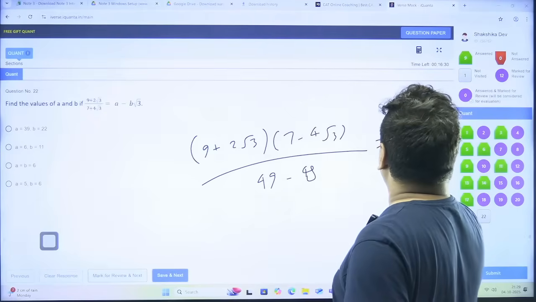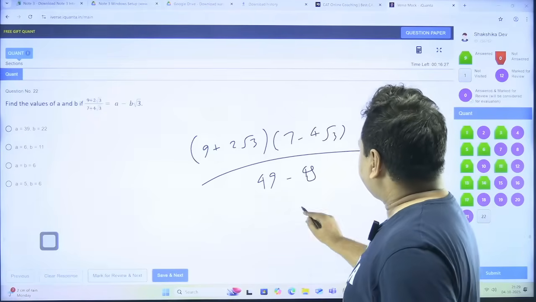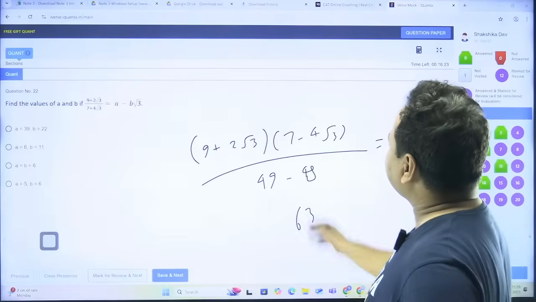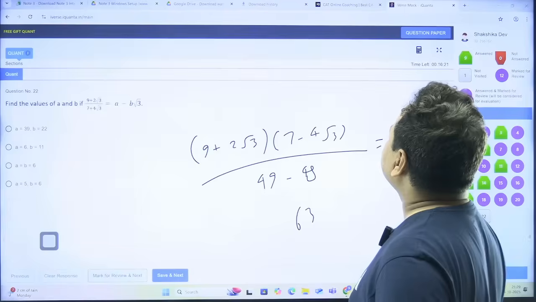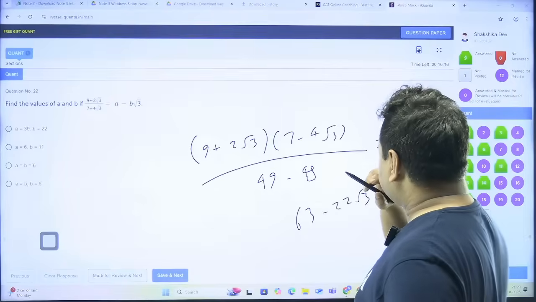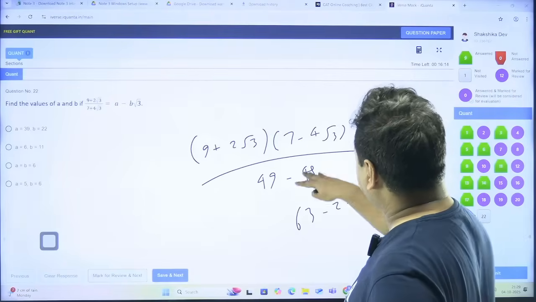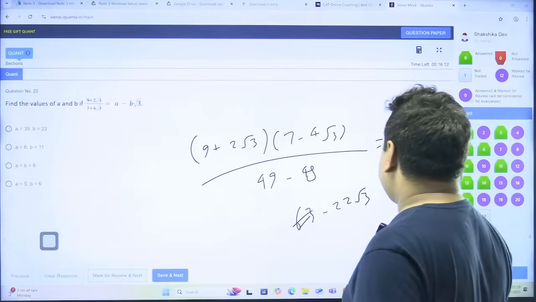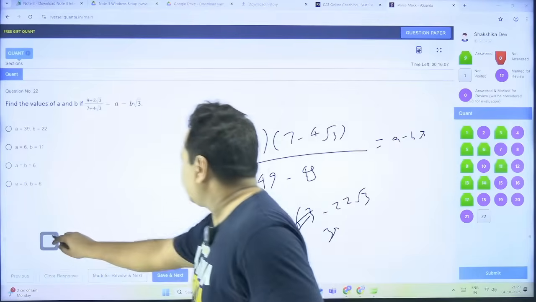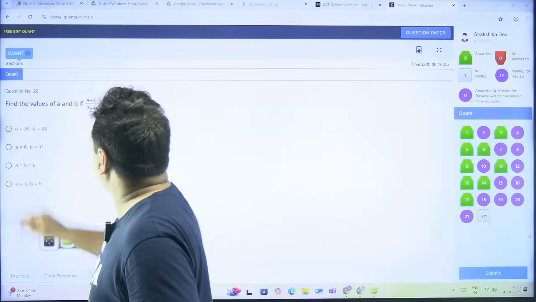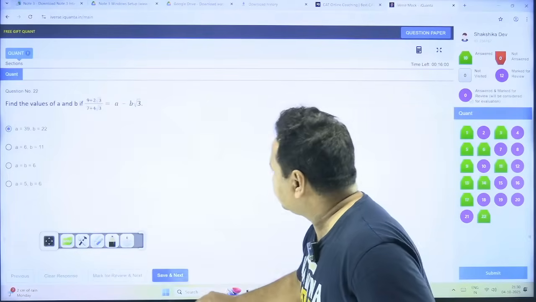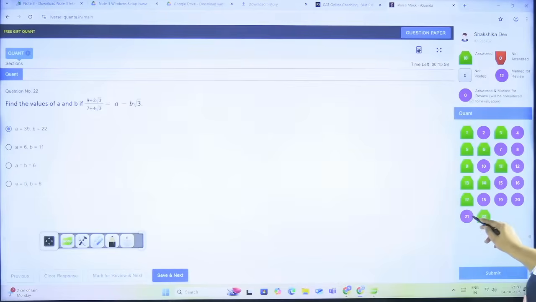A minus b root 3, there's nothing left over here. 9 times 7 is 63, 9 times minus 4 is minus 36, 2 times 7 is 14, so 14 minus 36 is minus 22 root 3, and 2 root 3 into minus 4 root 3 is minus 24, so 63 minus 24 is 39. 39 and minus 22. Okay, first option. It's finished. Oh okay, let's go back.